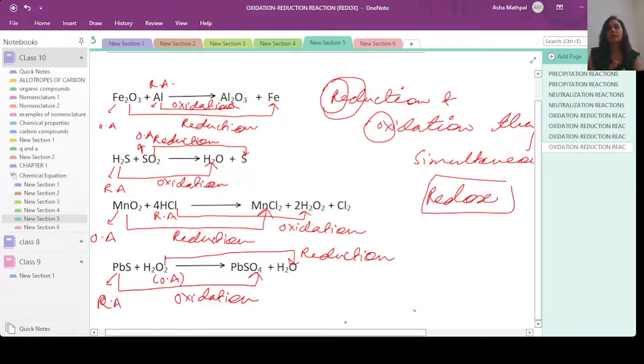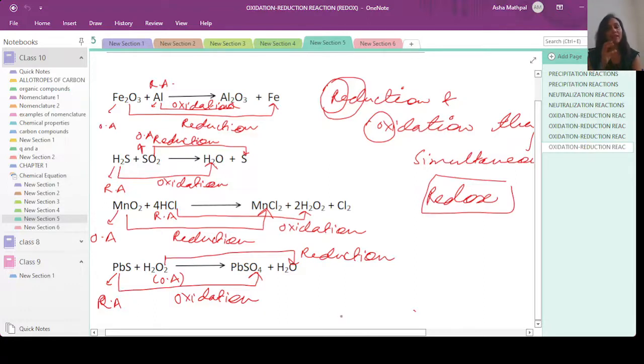So in class 10th, this is a simple concept of explaining the oxidation and reduction reaction, but there is a higher, better concept to understand oxidation and reduction using the gain and loss of electrons. Okay, but that is not part of the class 10th NCERT book. You will be able to understand it in class 11th.